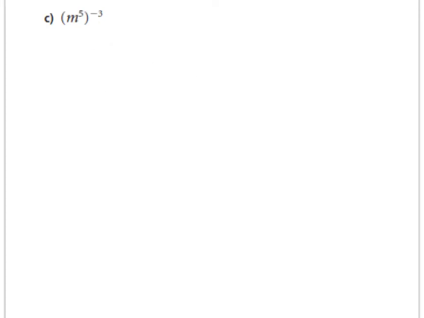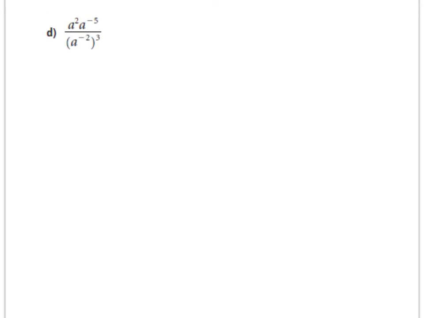The next example, I have power of a power. Since the base is m, I'm going to write m, and then I'm going to multiply the exponents. So 5 times negative 3 is going to give me m exponent negative 15.